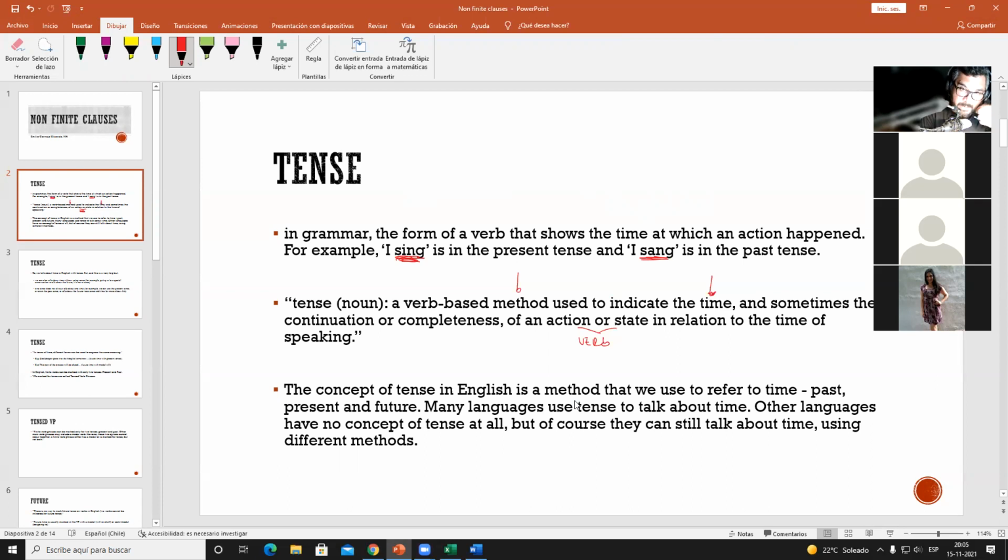In our case, these bound morphemes, we're going to add to the verb, and because of that, we'll know that we're talking about present or past. The problem with the English language is that it has morphemes to state present, set to, and past simple, ed1, but we don't have that for future, right?